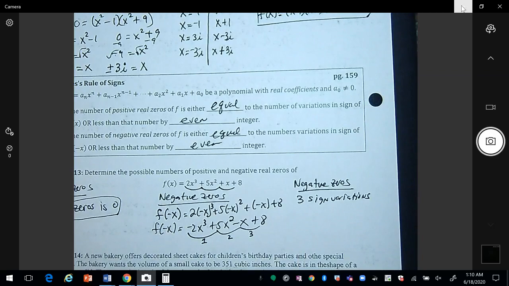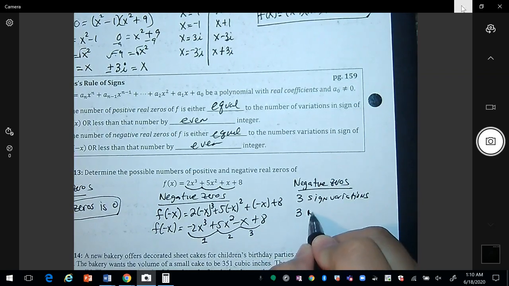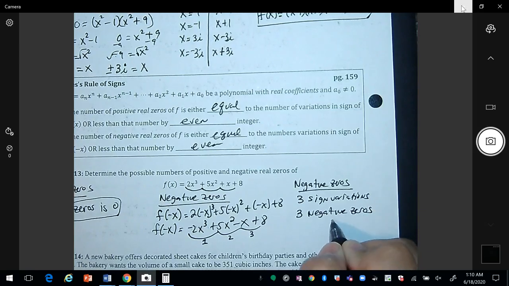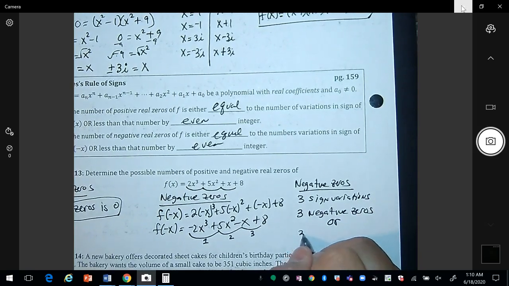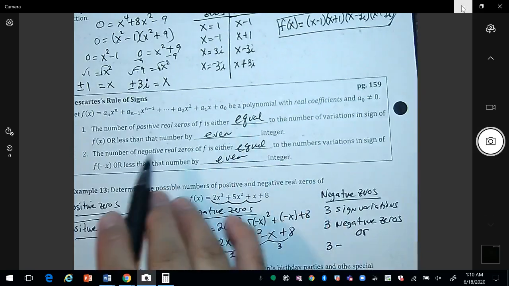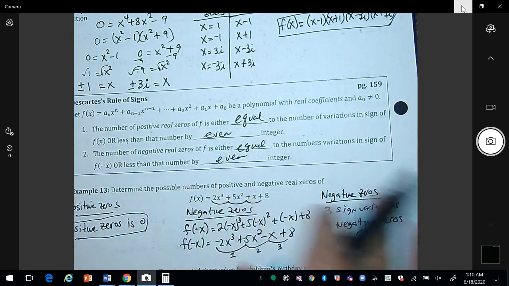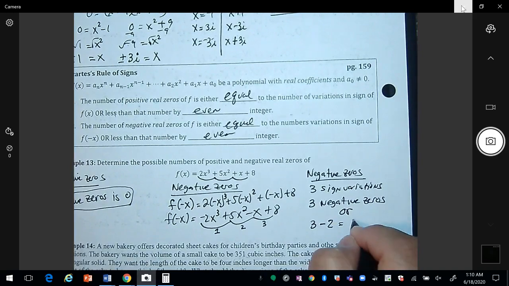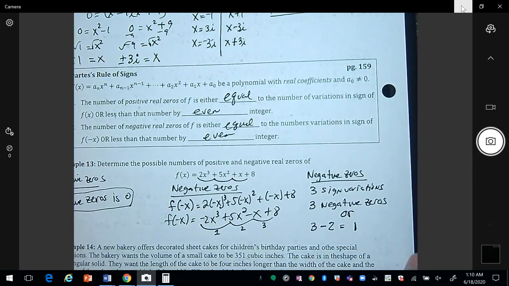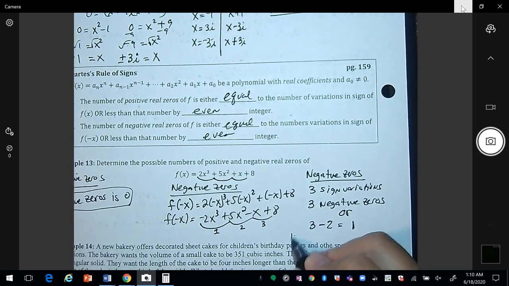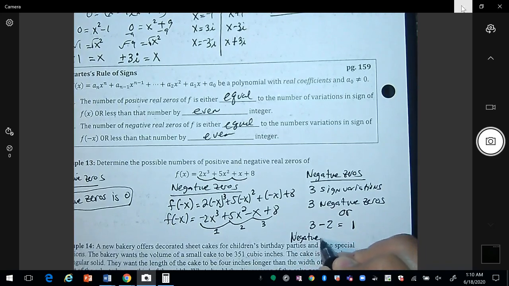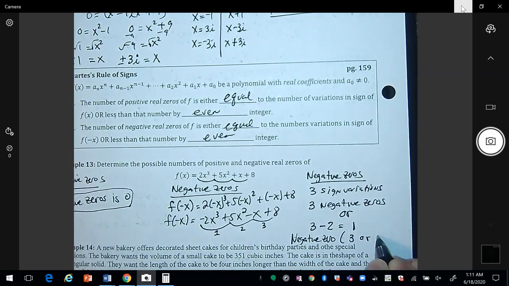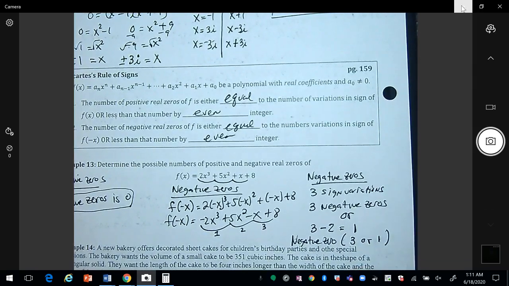So that's going to tell me that we're going to have 3 negative zeros, or 3 minus an even integer. So 3 minus 2, 2 is an even integer, is 1. So for the negative zeros, we're going to have either 3 or 1 negative zero.